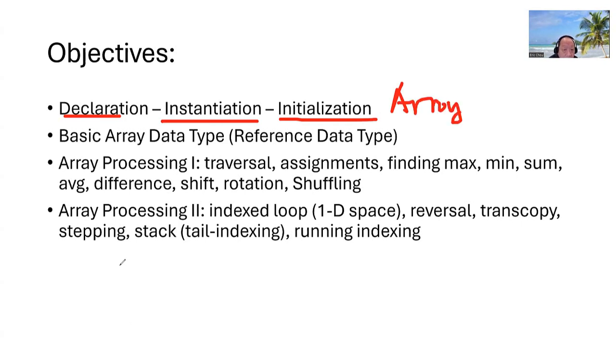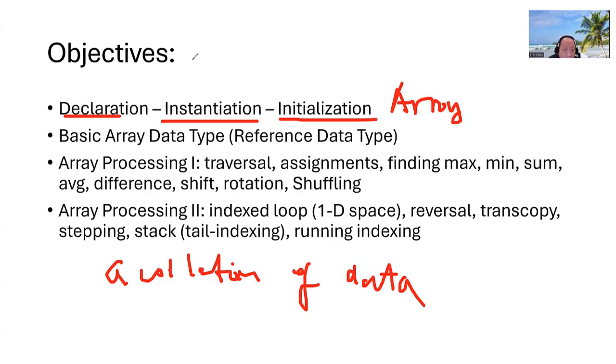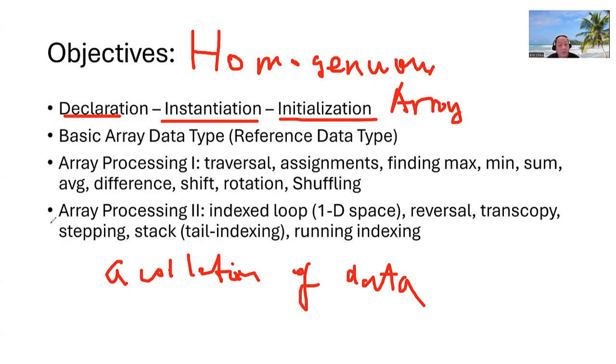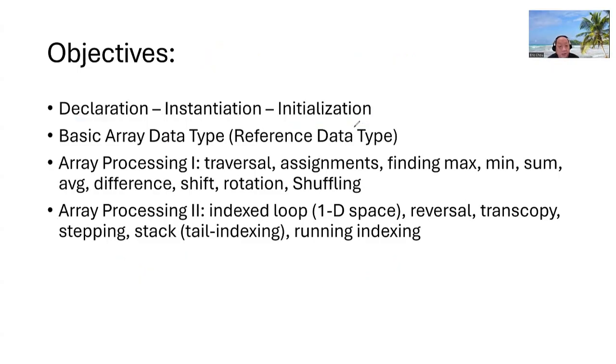So array is a data or a collection of data. And usually it's called homogeneous type. Homogeneous means of the same type. You declare an integer, everything will be integer. So that needs to be the same type. It doesn't allow integer mixed with floating point, mixed with string.